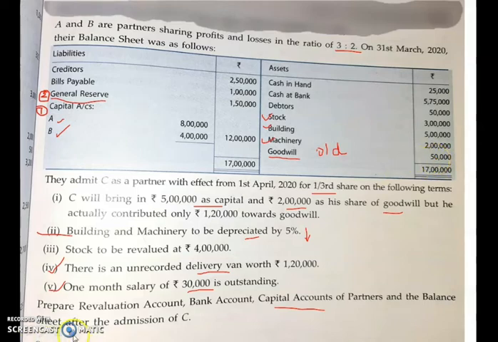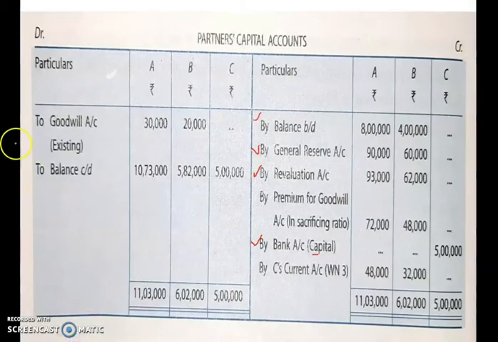So see how we are supposed to do that. The old goodwill should be written over here, and that should be given to the existing partners, that is A and B only. In which ratio? Old ratio. What is their old ratio? 3:2. So in the old ratio, you will distribute this goodwill to the old partners.